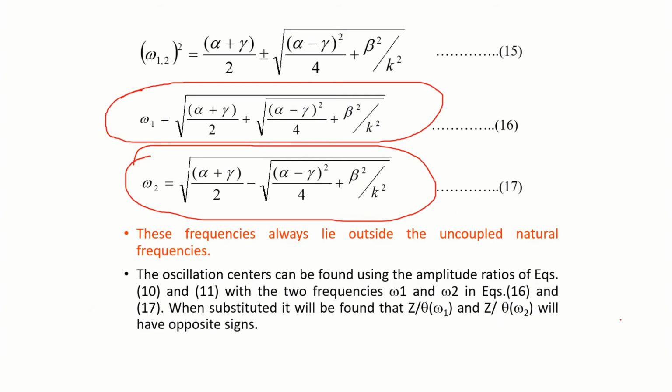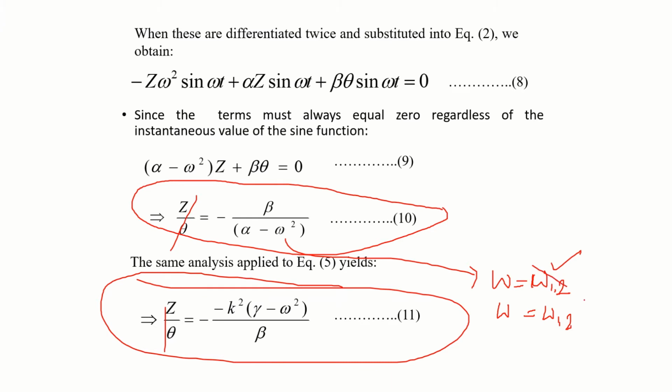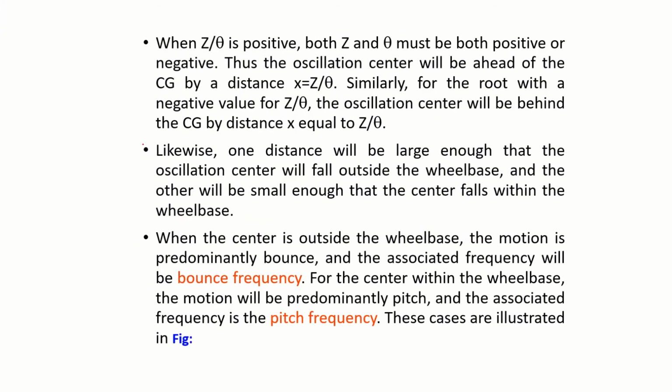So those frequencies I substitute. I call them omega 1 and omega 2. If I substitute omega 1, I get one value, and if I substitute omega 2, I get another. So when substituted, it will be found that z by theta at omega 1 and omega 2 will have opposite signs.